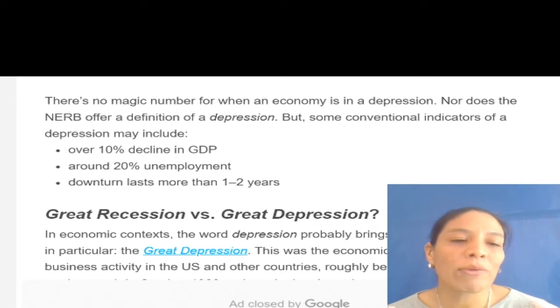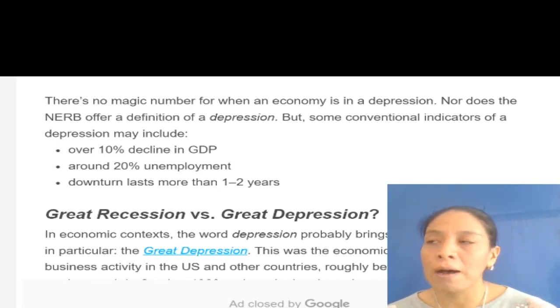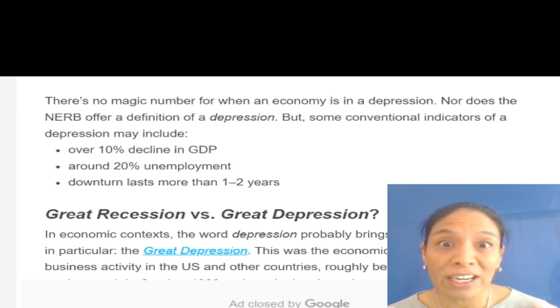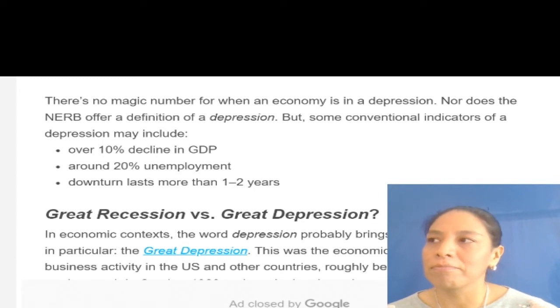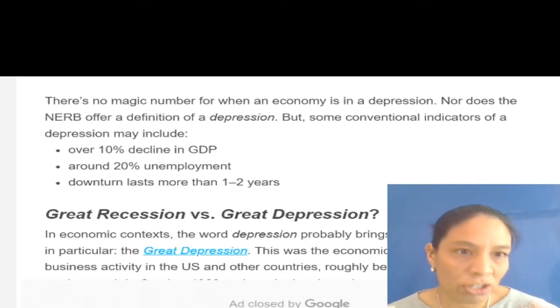Anyways, okay, so around 20% of unemployment. For that, the government should provide incentives to foreign companies, to foreign investors, so that they can come, build here, manufacture here, produce here, assemble here, so that people in Mexico have jobs.